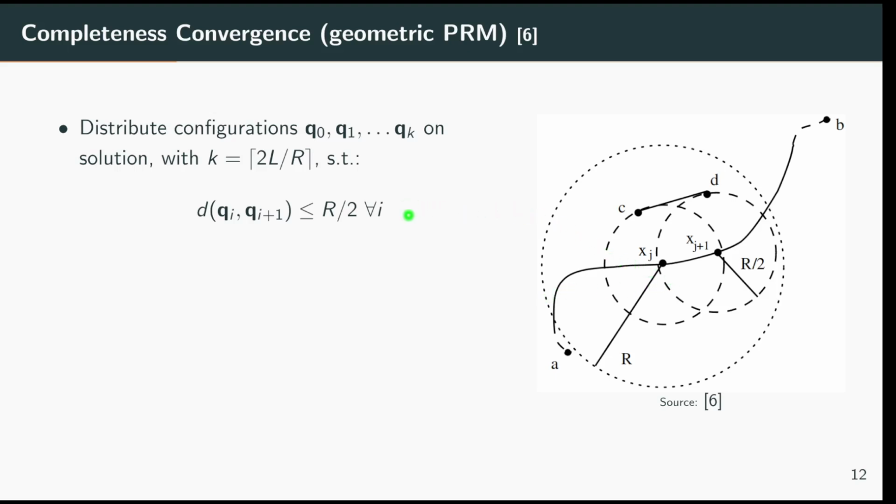And also equidistant, so the idea is that if we now draw our balls around it, so for each consecutive pair on the solution path, the distance between them is smaller than the radius over 2.